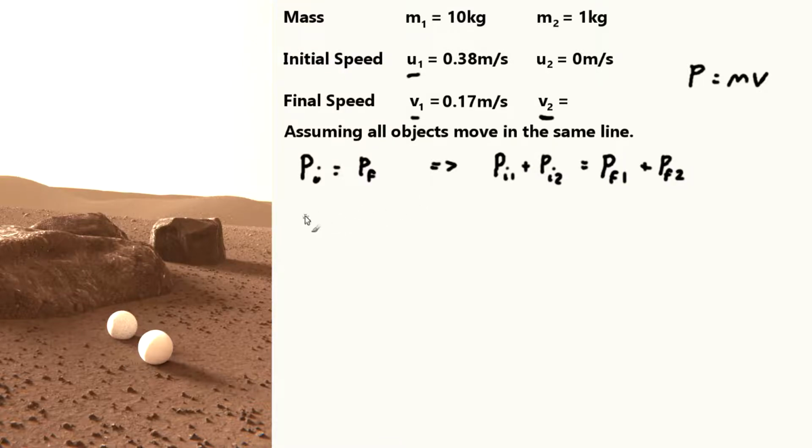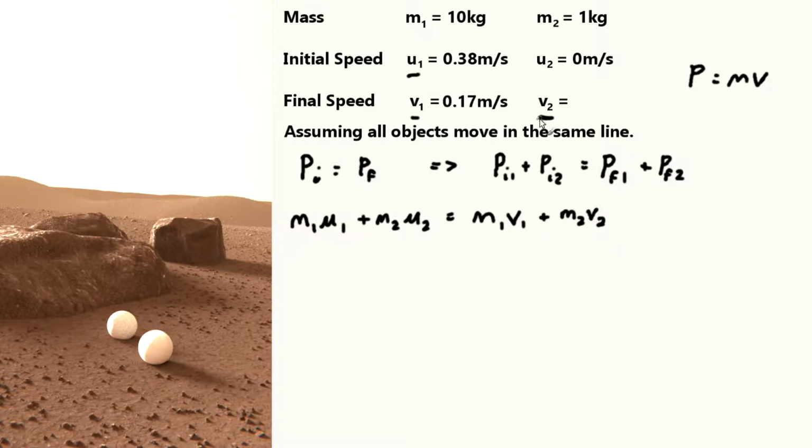So when we write our initial momentum, we have m1u1 plus m2u2. These initial momentums will equal the final momentums, and so we use the final v's for our speed.